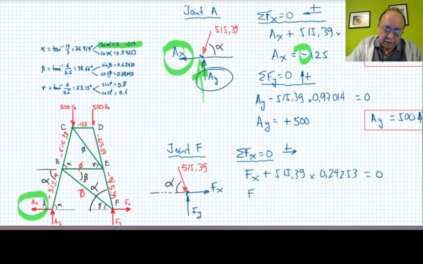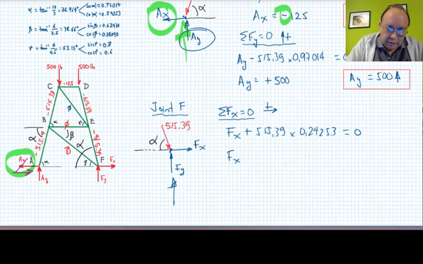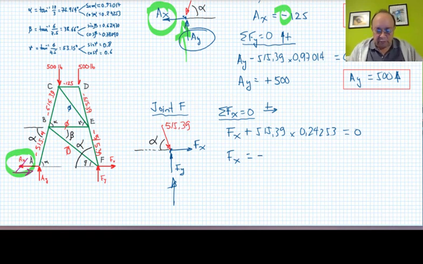So from here we get that Fx then equals minus, this goes to the other side with a minus, 515.39 times 0.24253 equals negative 125.00.